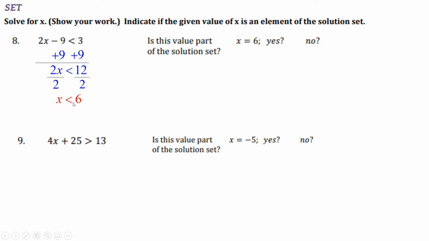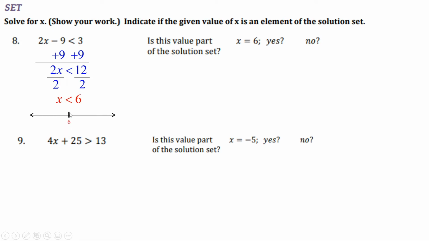So if x is less than 6, would x equal 6 work? No, because we just said x has to be less than 6. So that's a no right there. Oh, and let's put it on a number line so we can definitely see this. And this is a great thing of practicing graphing our solutions. So on my number line, hash mark, and the key number is 6.